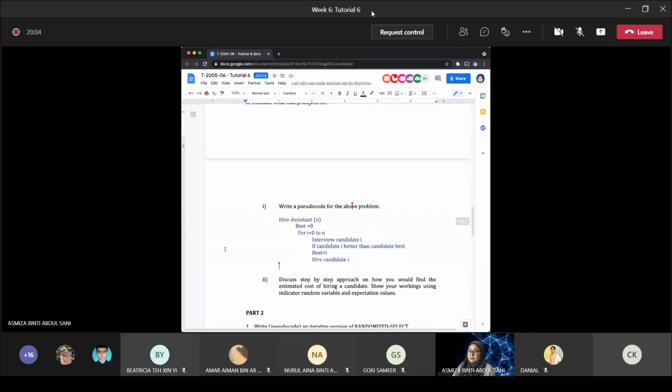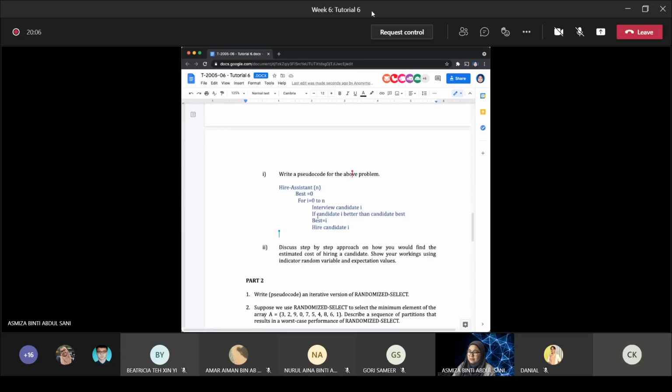Okay. So the pseudocode for this, again you can find in the slides. Whereby you have the best, in the initial one, we will set a dummy candidate which has rank 0.